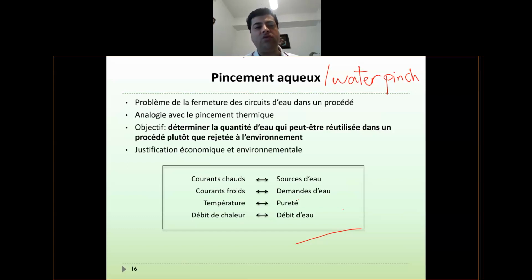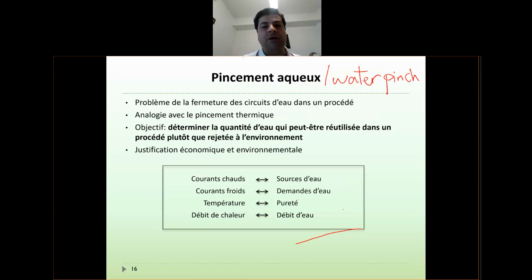We have a group of streams that need energy, or we have a group of units that need water. Also we have a group of streams that need to lose their energy, and also a group of units that need to discharge their water. So the similarity is the idea of supply and demand, sink and source.